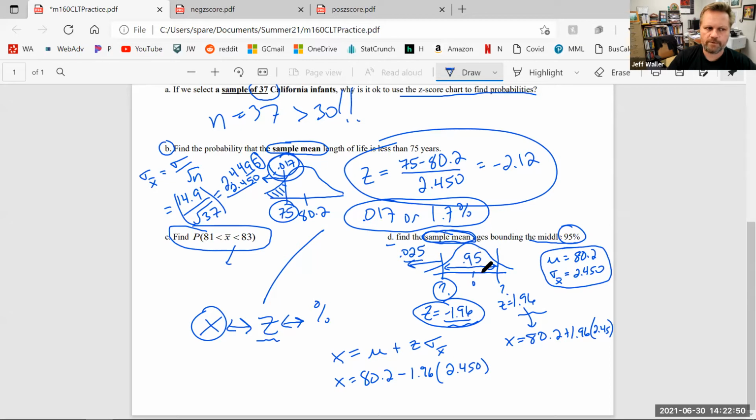If there's 95% in here, what percentage is out? 5%. 0.05? Yeah. So what percentage is on this side? 0.025, right? Cut it in half. Okay, I get it. That's the area below the z-score, and that's why we're able to look it up, because the chart understands areas below.